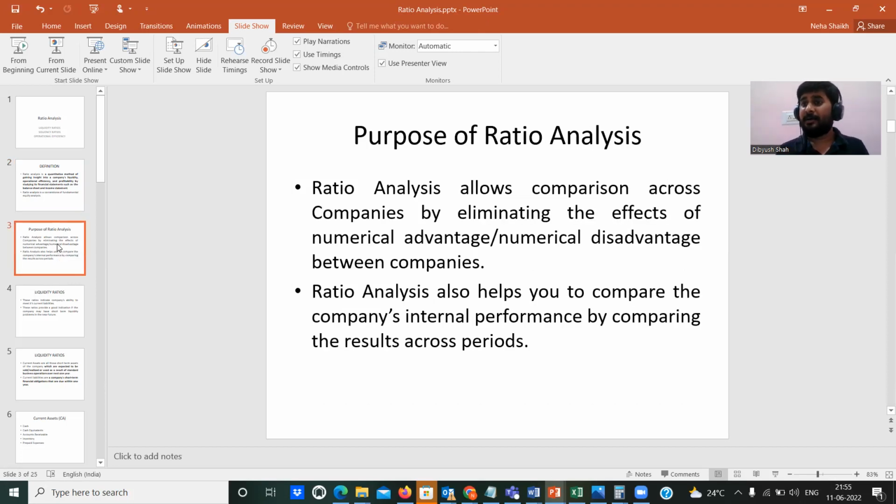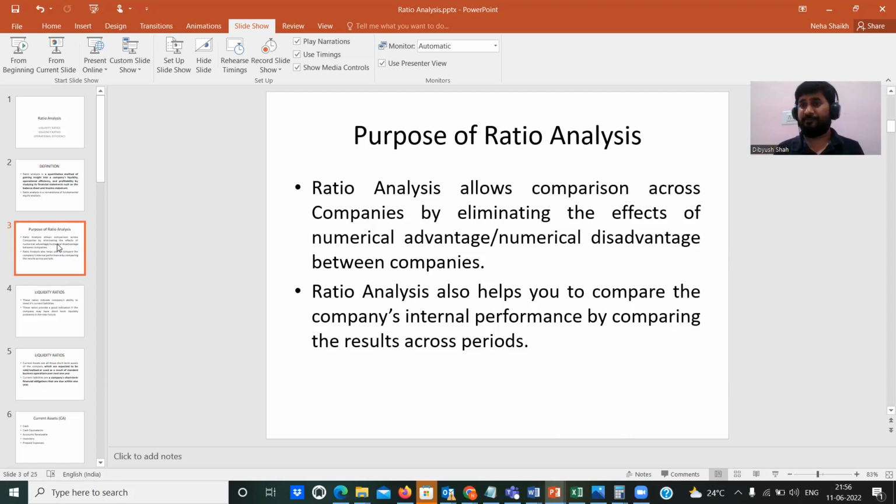What is the purpose of ratio analysis? First of all, ratio analysis allows you to compare across companies by eliminating the effect of numerical advantage and disadvantage between companies. For example, TCS, a very big company, right?